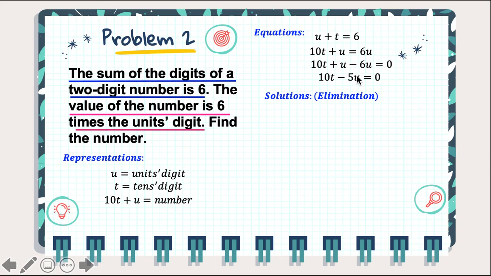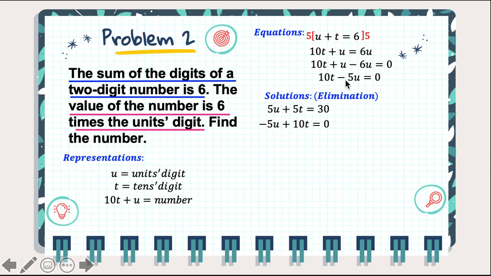Looking at the variables, the variable that we can easily eliminate here will be u. To eliminate the u, we are going to multiply the first equation by 5. As we multiply 5 to the first equation, the result will be 5u plus 5t equals 30. Then copy the second equation, which is again the simplified form. We will just align the like terms here.